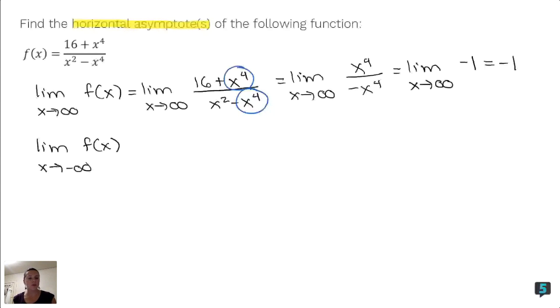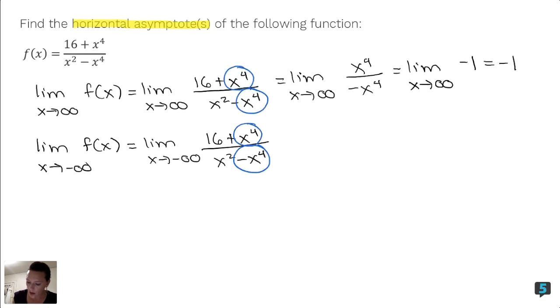All right, let's look in the other direction. Now we have the limit as x approaches negative infinity of f of x. Let's fill in that function. We're taking that limit as x approaches negative infinity, so we are looking at the terms that grow the fastest in the numerator and the denominator. When we do that, we find that we have exponents that are equal to each other. So again, we're just looking at the ratio of those coefficients, which gives us -1.